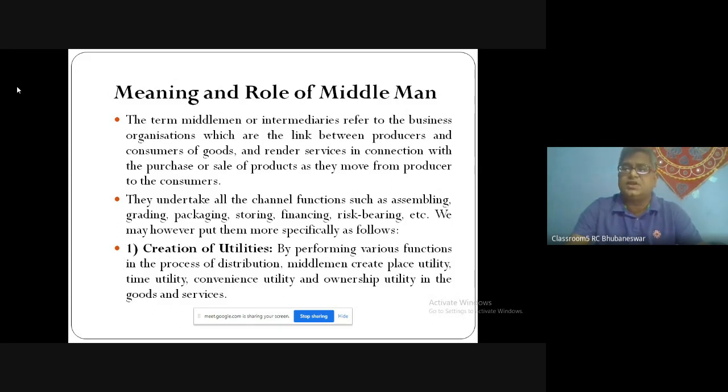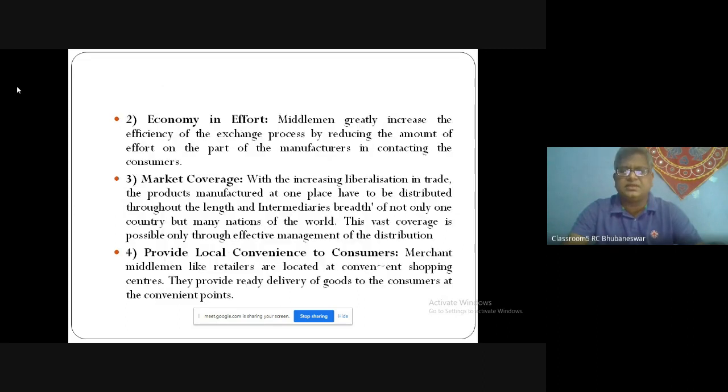Suppose you go to an automobile showroom: you see there is a different packaging system, a financing system, and a risk-bearing system too. The positive part is the creation of utility and economies of effort, meaning that by contacting the manufacturer and the customer, it reduces cost and the amount of effort.